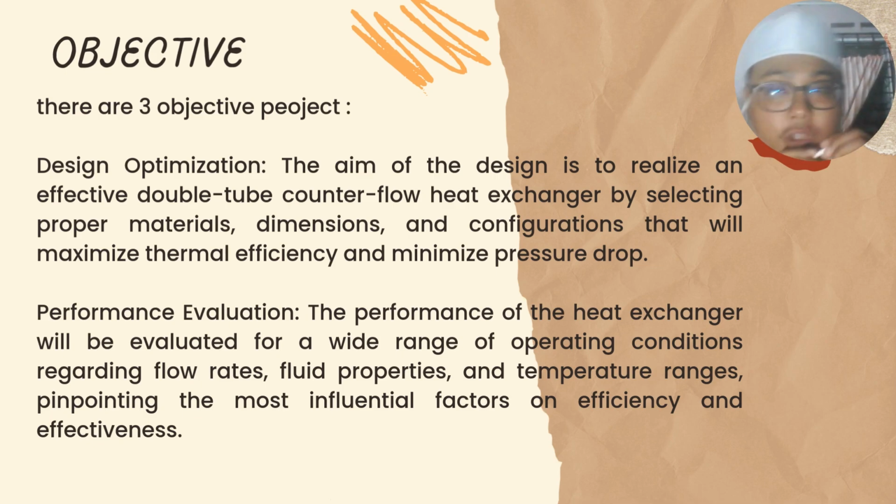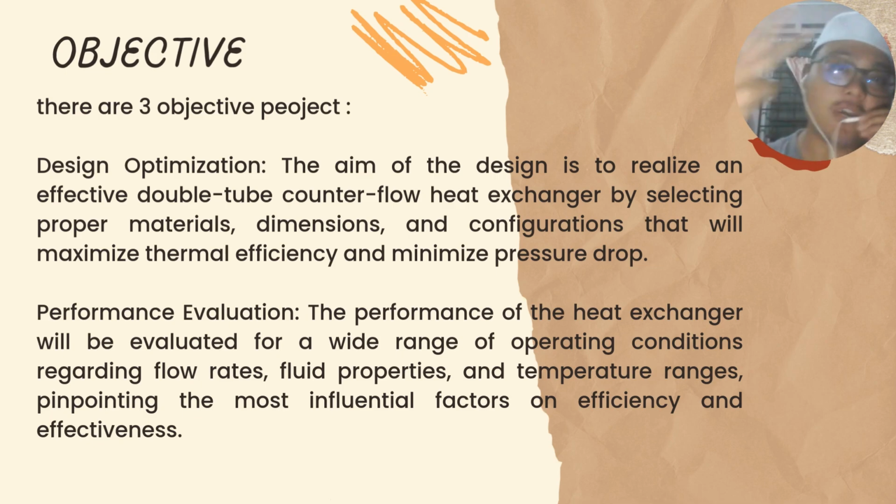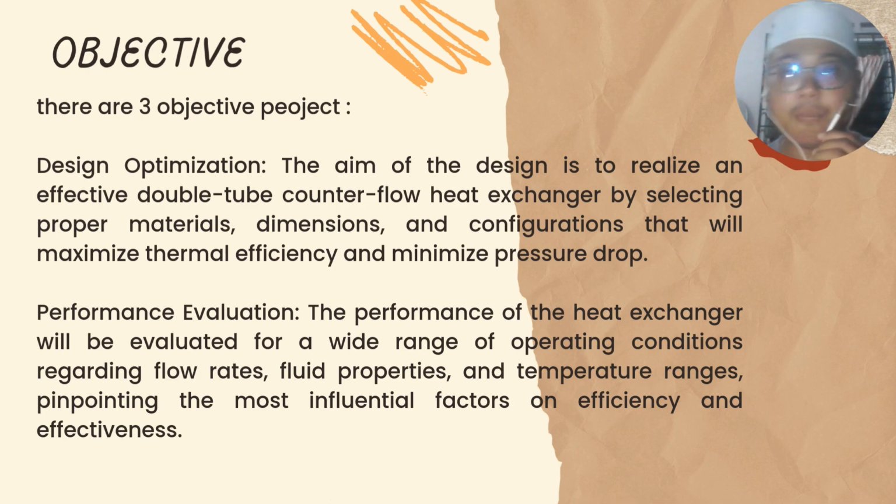All right, we go to the objectives. There are three objectives of this project. That means our group has three objectives for our project. Number one is design optimizing. It means the aim of the design is to realize an effective double tube counterflow heat exchanger by selecting proper material, dimension, and configuration that will maximize thermal efficiency and minimize pressure drop.